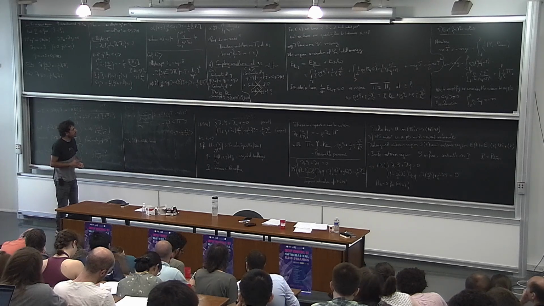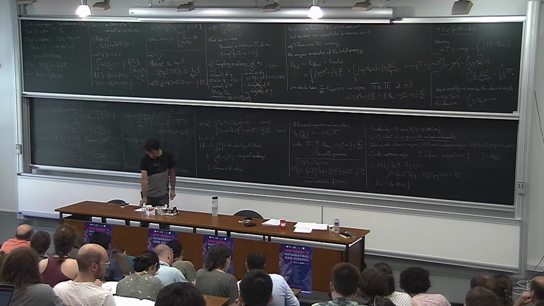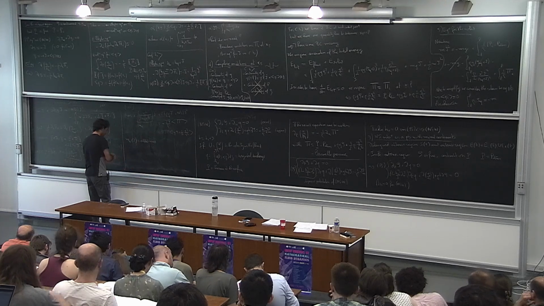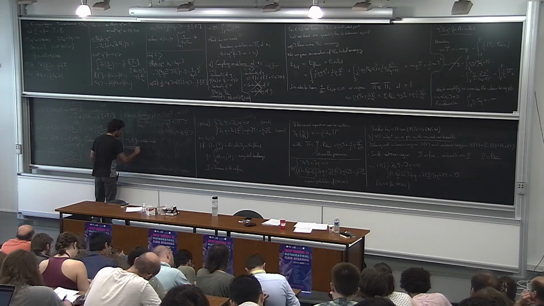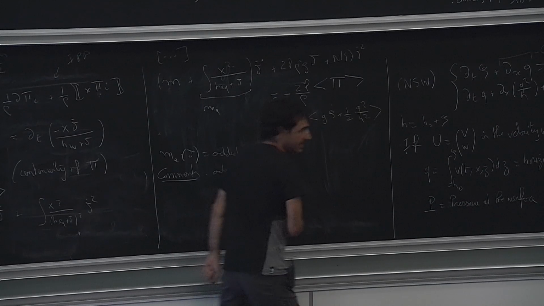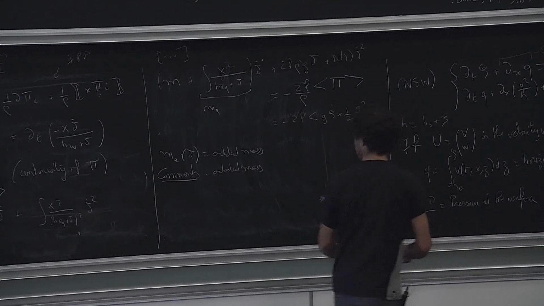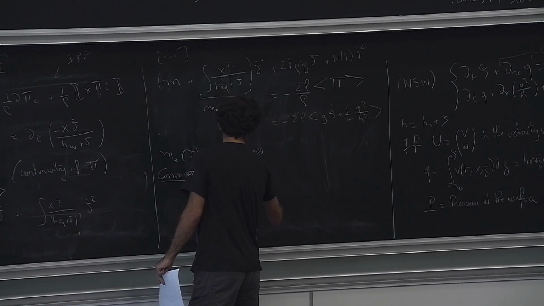Okay, and then what other comments can we make on this equation? As I said, there is this added mass, which is an important point. There is this oscillator structure.